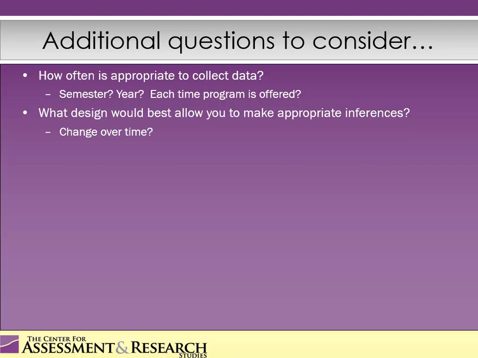For example, perhaps your student learning objectives indicate that you hope to see some student growth or change over time. If so, you'd be interested in some sort of longitudinal or pre-post change over time. In contrast, perhaps you're not necessarily interested in change over time, but you're interested in a certain level of student competency.